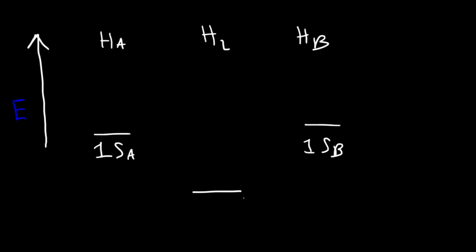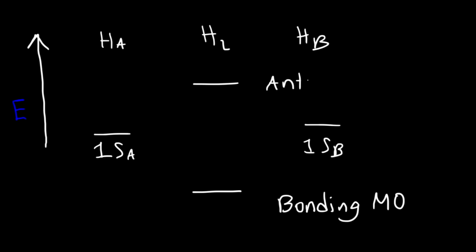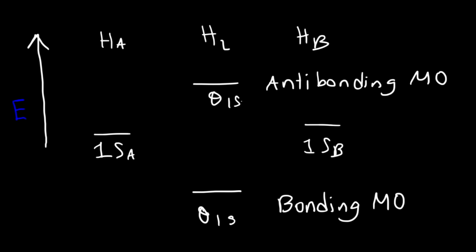The one that's lower in energy is going to be the bonding molecular orbital, and the one that is higher in energy is the antibonding molecular orbital. This is also known as sigma 1s, and this is sigma 1s star. Whenever you see the asterisk next to it, it represents a high energy antibonding molecular orbital.